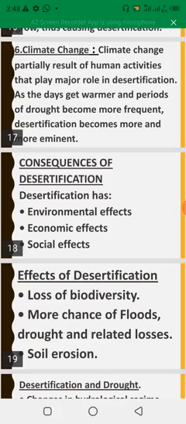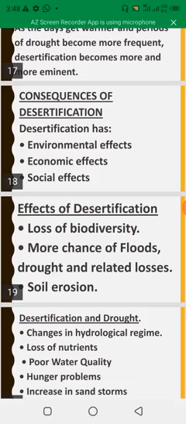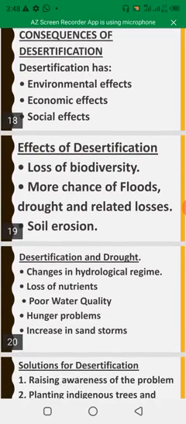So what are the consequences? The consequences are in 3 folds. Number 1, environmental effects. Number 2, economic effect. And number 3, social effect. All these 3 will be discussed because they are interwoven.